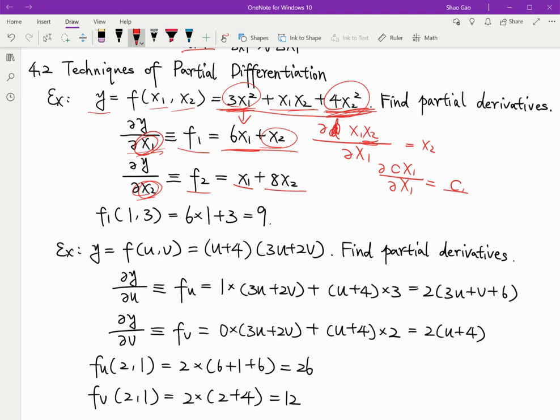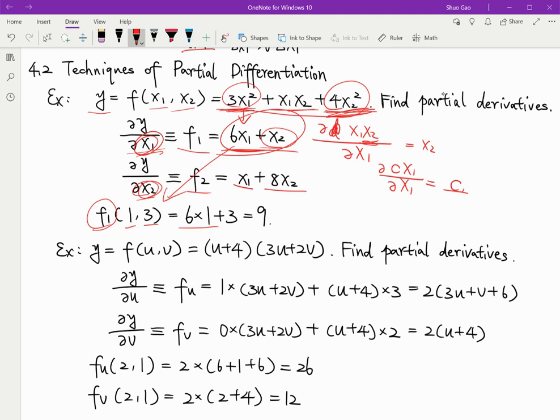So if you want to find out the specific value when x1 is 1 and x2 is 3, and this is the partial derivative with respect to x1, right? It's this function. So what we're going to do is plug in the two numbers and find a specific value.